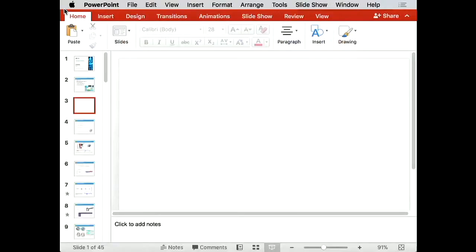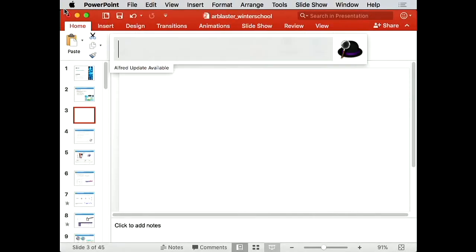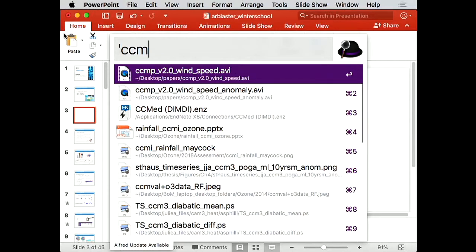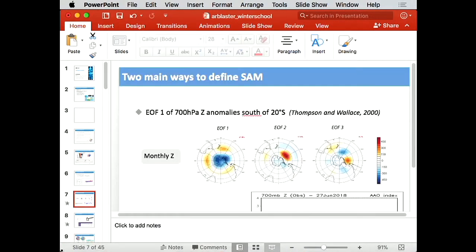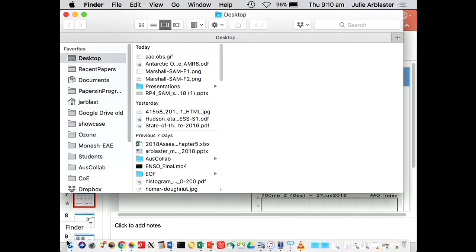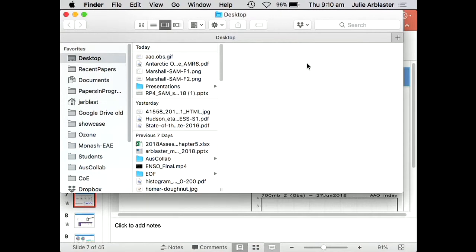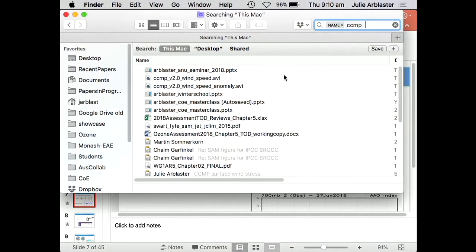I wanted to motivate you by looking at winds.